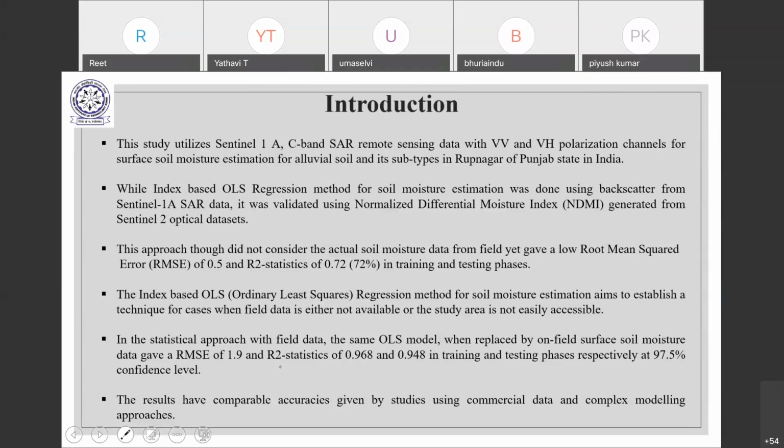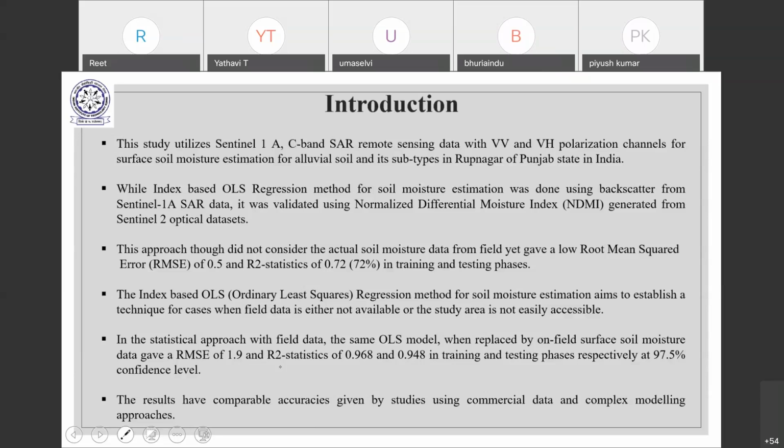So I said that optical data are very much tried and tested for estimating this soil moisture. Then also we are trying to develop new methods. Why? Because optical data has limitation of coverage during the rainy seasons and during the cloudy season, or in the fog they will not give you the correct measurements.